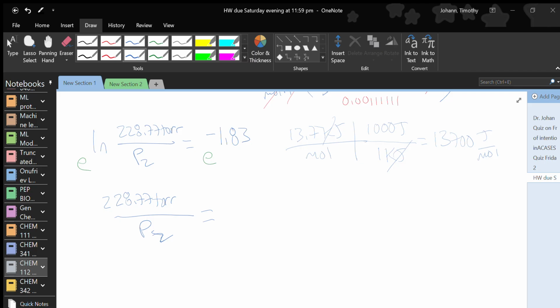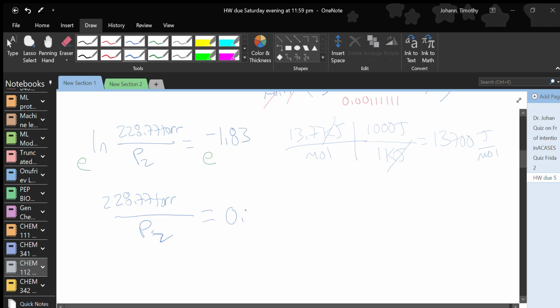Then I've got my e to the x key, so I press my e to the x key. You might have to press the e first and then put in negative 1.83. But if you've done it correctly, what you should get out is 0.1604.